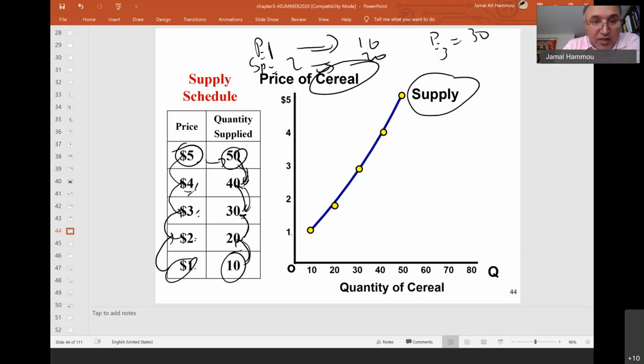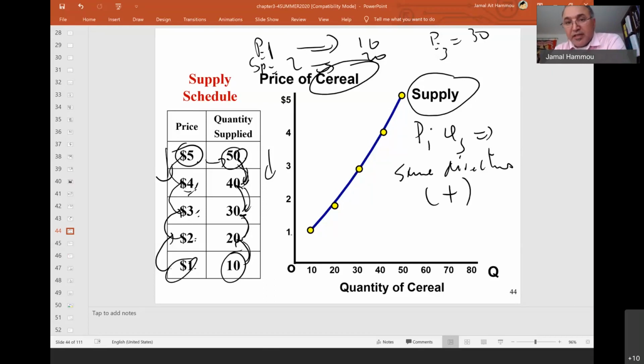The opposite direction, if the price goes down, the quantity supplied goes down. So you can see they are moving in the same direction. The price and the quantity supplied move in the same direction, so we call it a positive relationship.